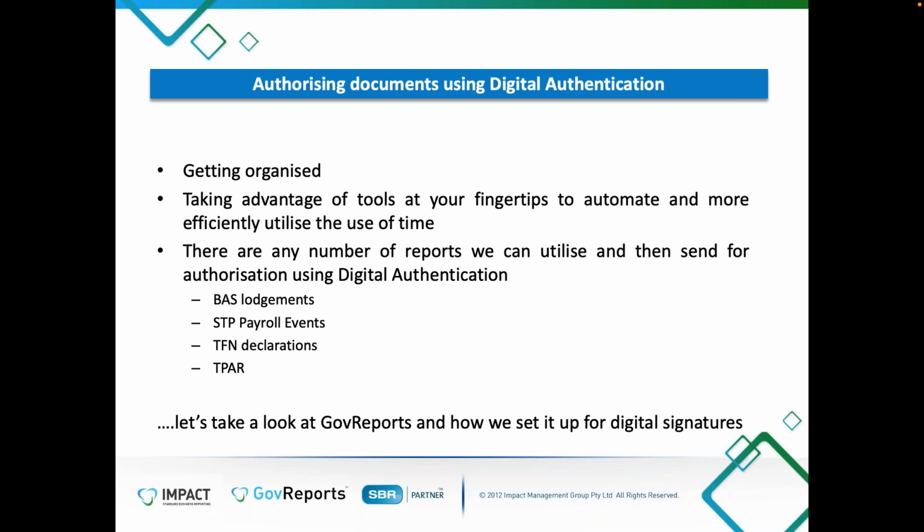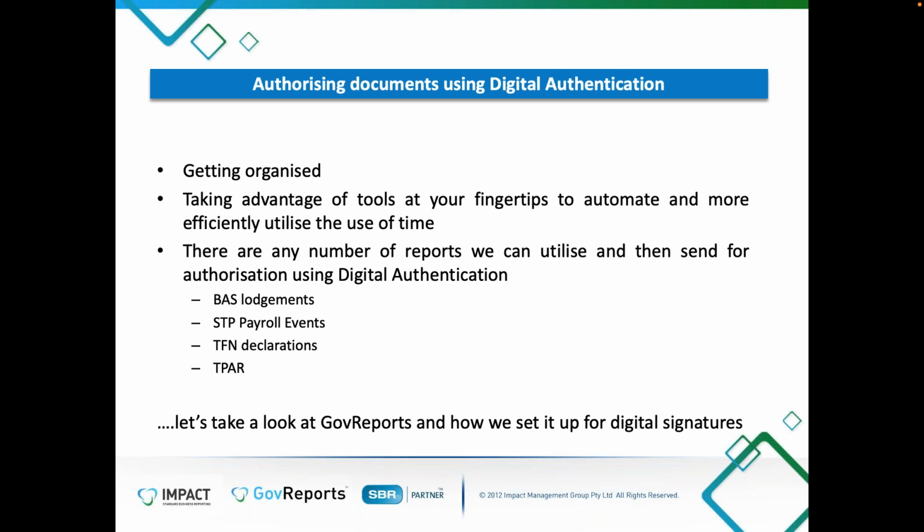So authorizing documents using digital authorization is another way of getting you more organized in your business and in your practice. You're taking advantage of some of those tools that are going to help you automate and more efficiently use your time. Automate some things like reminders, automate the expiration of the documents, automate the templates that you use.